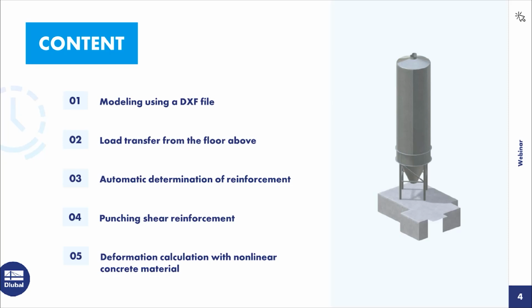So when it is not possible, when you increase your longitudinal reinforcement on a surface, you now have the option to choose punching shear reinforcement and to fulfill the punching design checks.